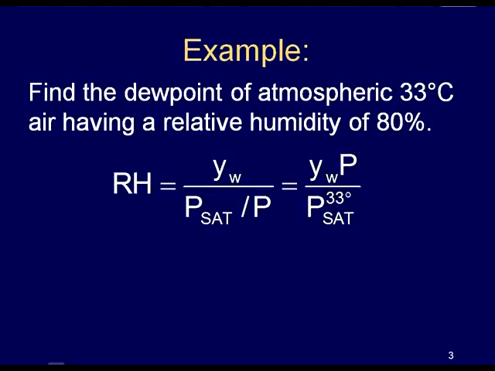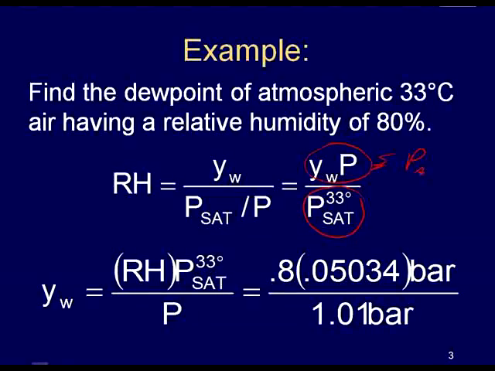Here we have y_w P, there's the partial pressure. And recall at saturation the partial pressure equals the vapor pressure. So we take the saturation or vapor pressure of water at 33 degrees in the denominator. In the numerator we have the actual partial pressure, call that P_A, of the water in the air. The ratio of those is 80% in this case, and we call that the relative humidity.